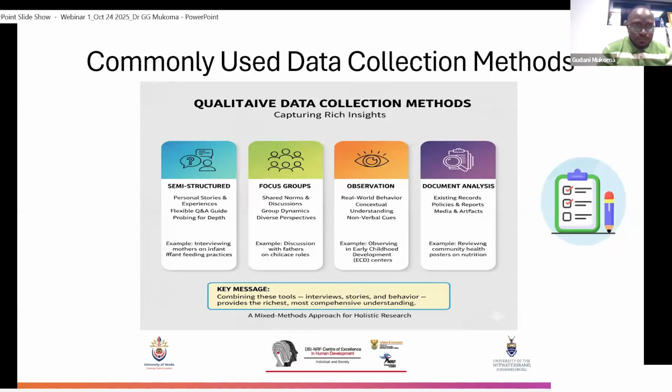the semi-structured or in-depth interviews. Here, you use a flexible interview or topic guide with open-ended questions that allow the researcher to explore participants' responses in depth. This method combines the consistency of a structured approach with the freedom to probe further on participants' answers.